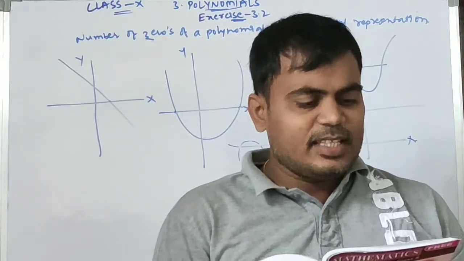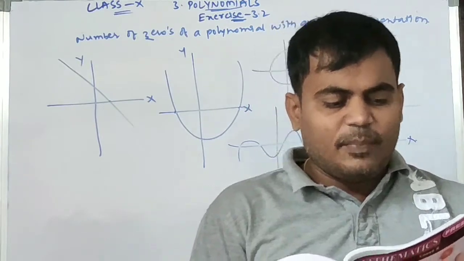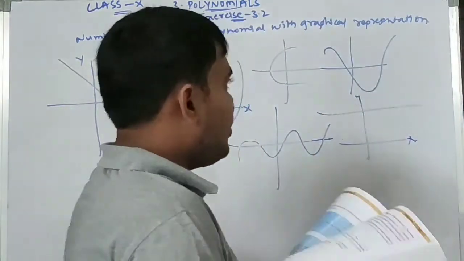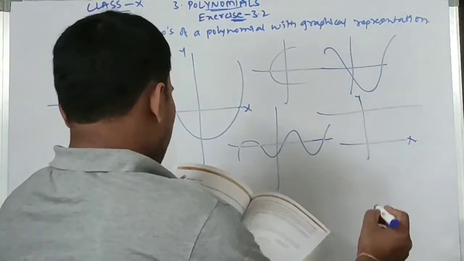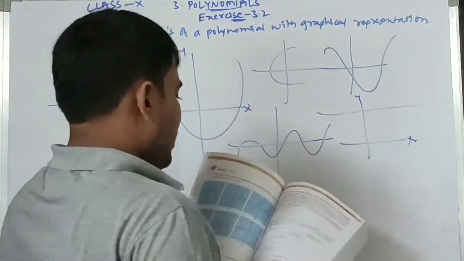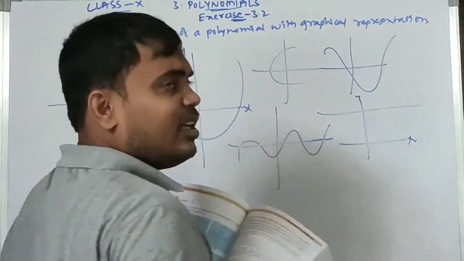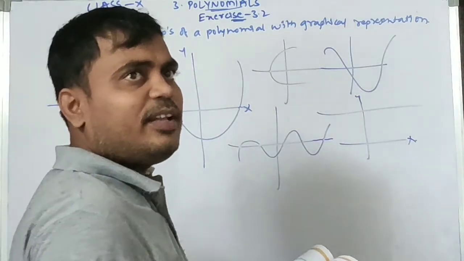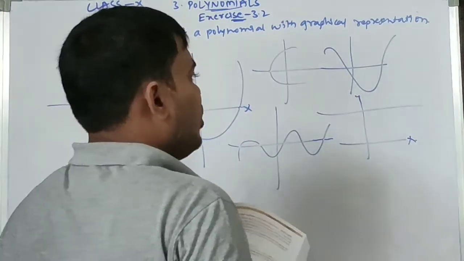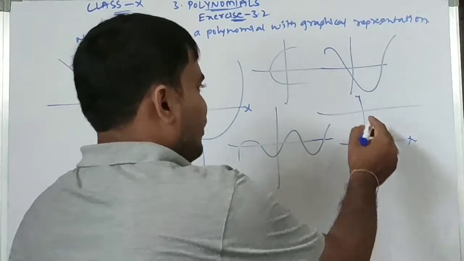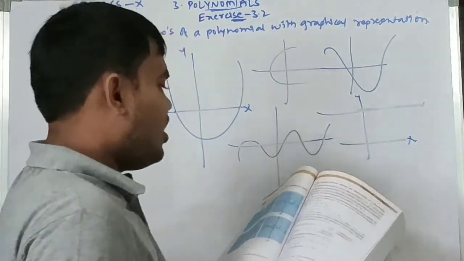In each case, find the number of zeros of p of x. If you observe, the curve is in the shape like this. How many points does it intersect at the x axis? There won't be any point of intersection with the x axis. So there are no zeros for this curve.